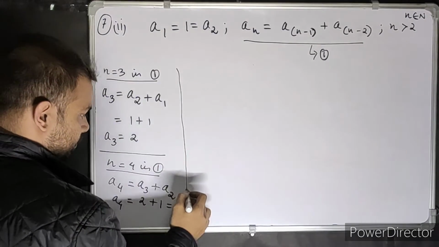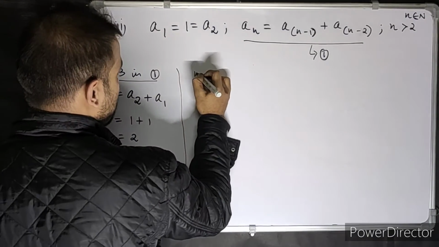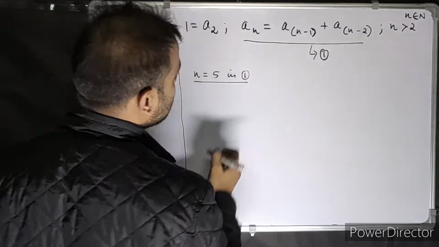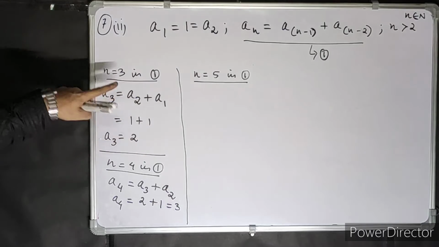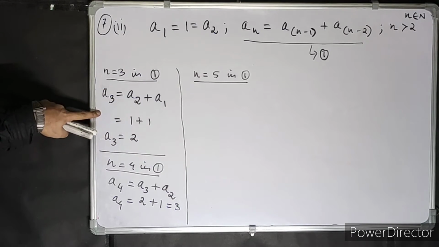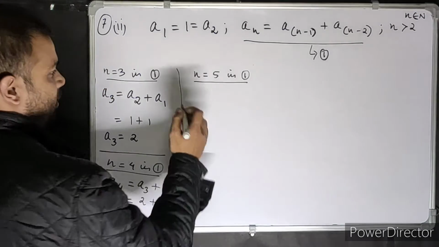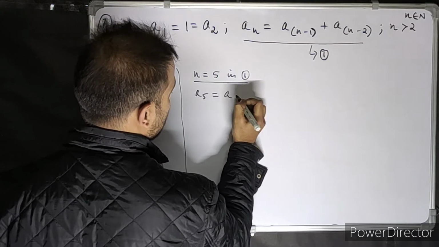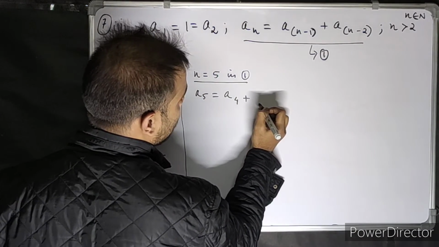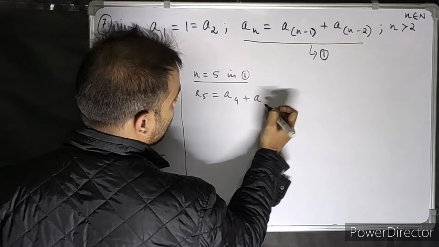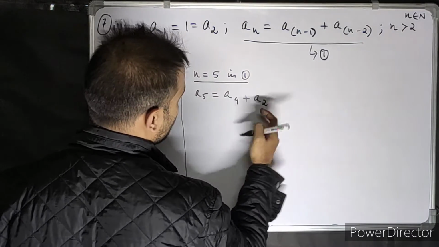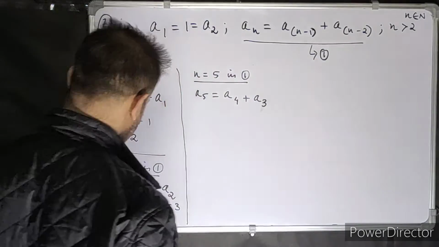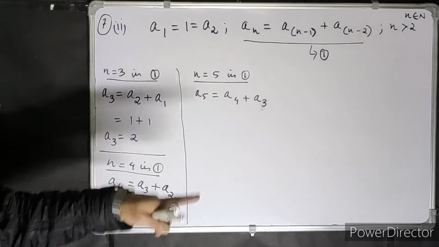Let's go ahead to the next. n is equal to 5. How many terms are there? 2 terms there, 3 is the third term, this is the fourth term, that's the fifth term. So A5 is equal to A4 plus A3, that is 5 minus 2, 3.